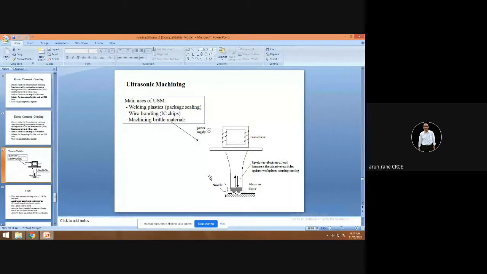Then the next process is ultrasonic machining. Here again the tool is a replica of the cavity to be cut.